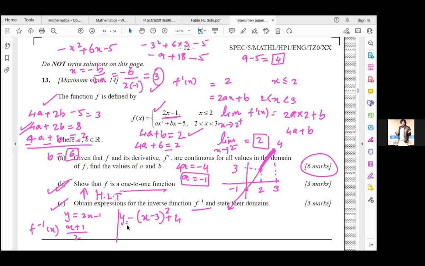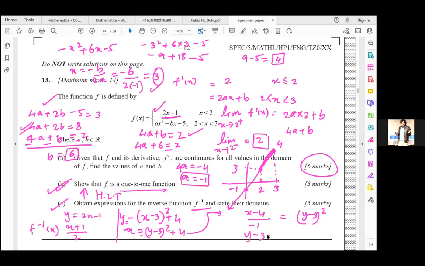Now you just find the inverse, so interchange x with y. You get x equals negative y minus 3 the whole square plus 4. From here, x minus 4 over -1 equals y minus 3 the whole square.